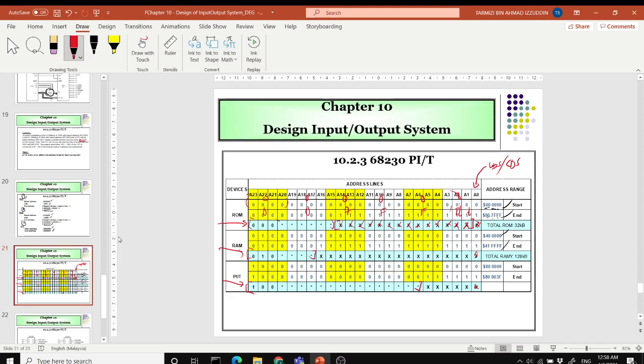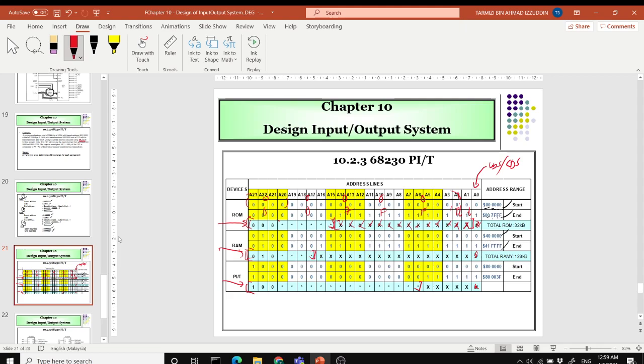From all of the unused address pins, which 3 pins, because the input to 74LS138 consists of 3 inputs, which 3 pins can be used to select the peripheral that is talking to the 68K? I hope you understand what I mean by that, because you have your address decoder now.